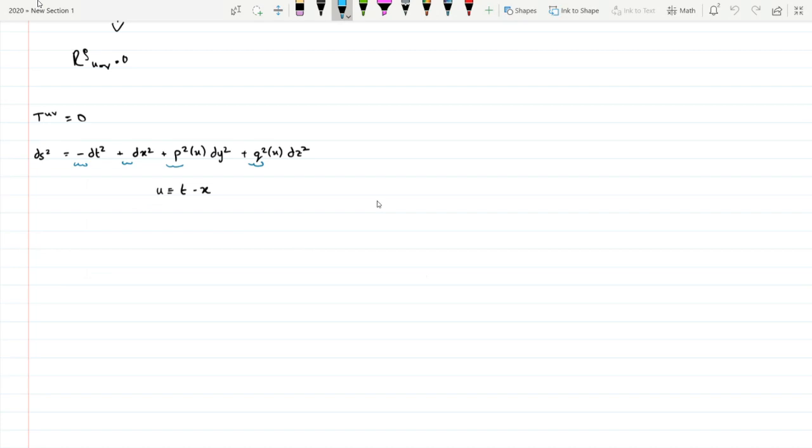It has the Minkowski signature, so it does obey special relativity, but we've got some additional functions in front of our y and z. This is a solution to the Einstein equations. You can even constrain it. And this is u, it's here. We say that the functions p and q obey the following equations.